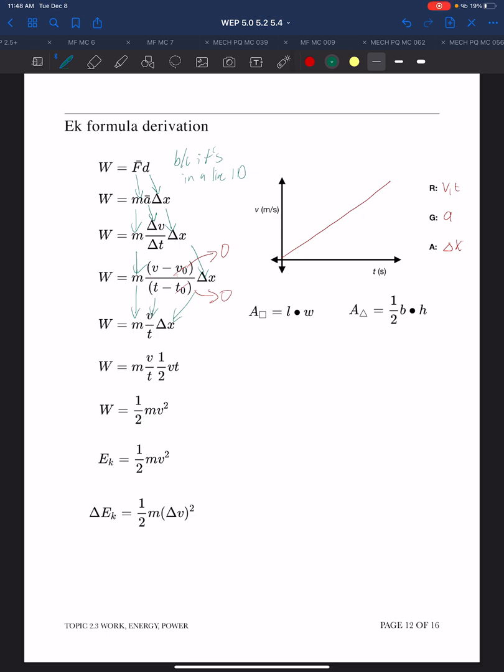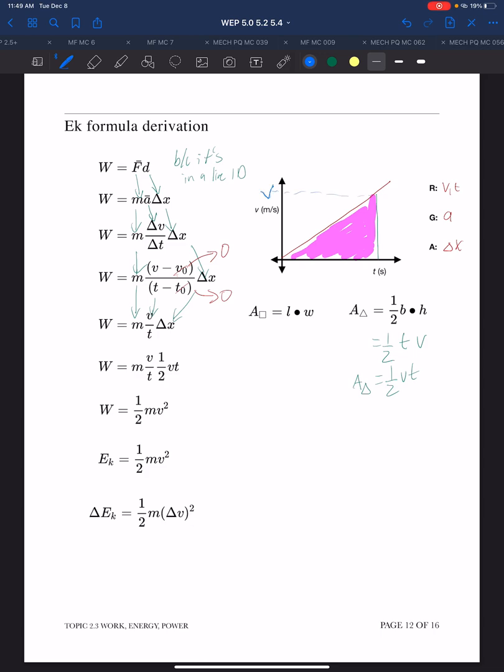In this case, that would be the area of a triangle. That area of a triangle is 1/2 the base, which is the time, and the height is the velocity. So we have 1/2 vt. That's the area of the triangle. But we could have reduced this triangle to a rectangle.